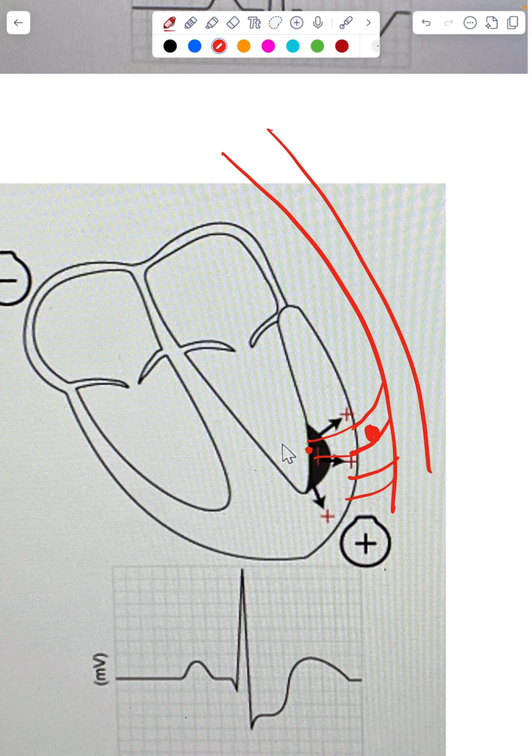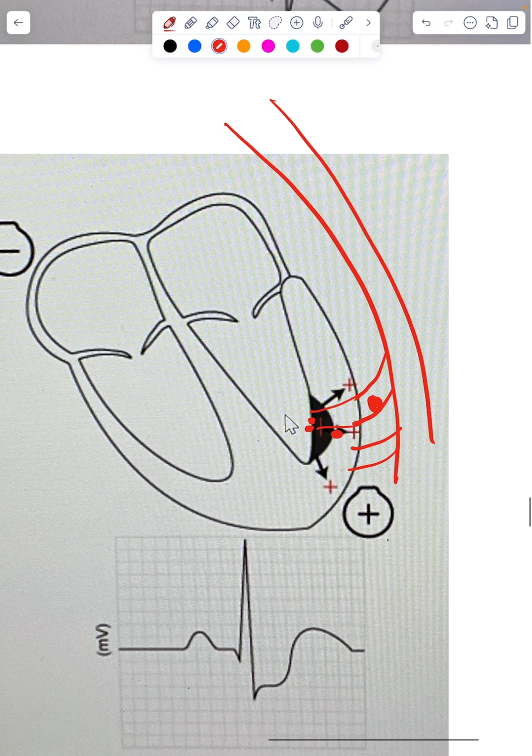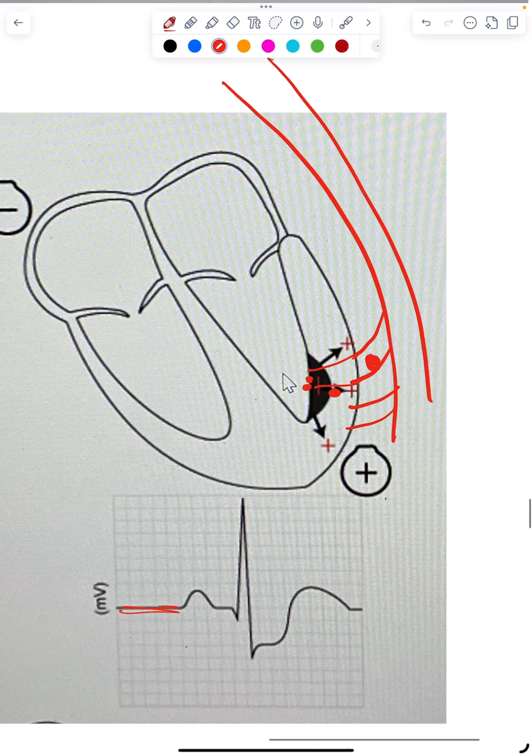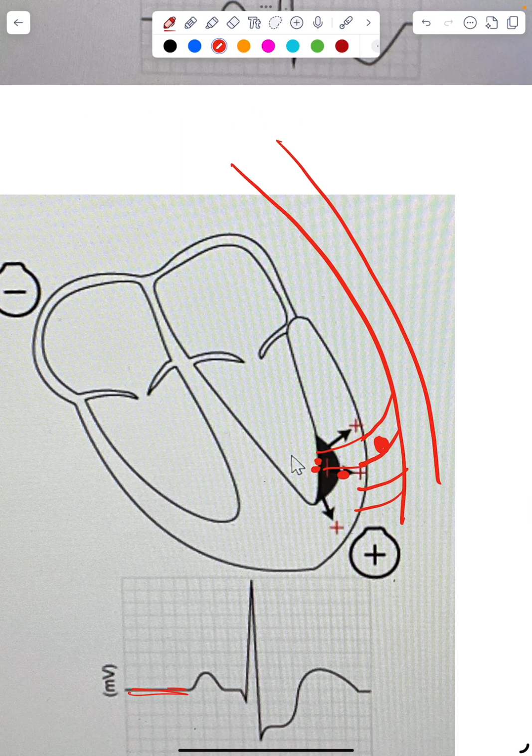So death is going to occur here before it will here. And so our vector is going this way, okay? And that's causing this whole complex to increase, because what's going to happen is that the EKG is going to sense, instead of everything being positive or everything being negative, there is a dipole moment.